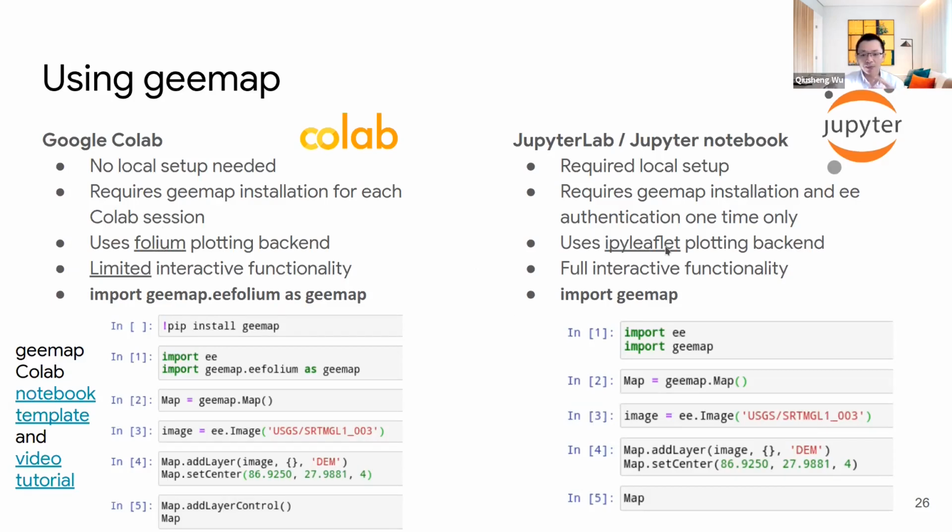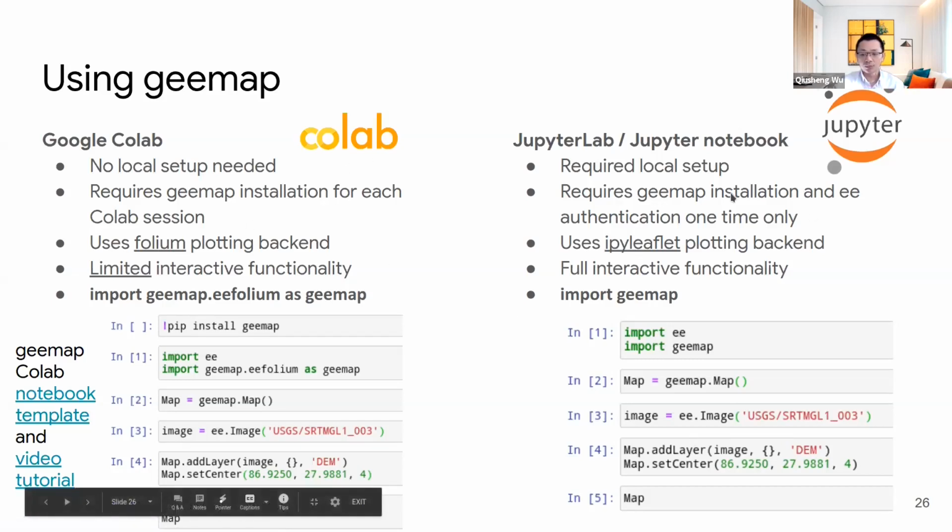This is something ipyleaflet can do, but Folium cannot. The reason I use Folium is that Google Colab does not support ipyleaflet. So ipyleaflet is a lot more advanced with a lot more capability, but Colab currently does not support it yet. So I highly recommend that if you can install the package on your local computer, use ipyleaflet. A lot more functionality is provided.